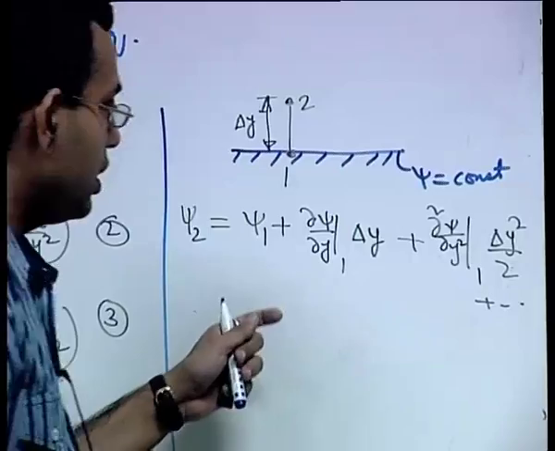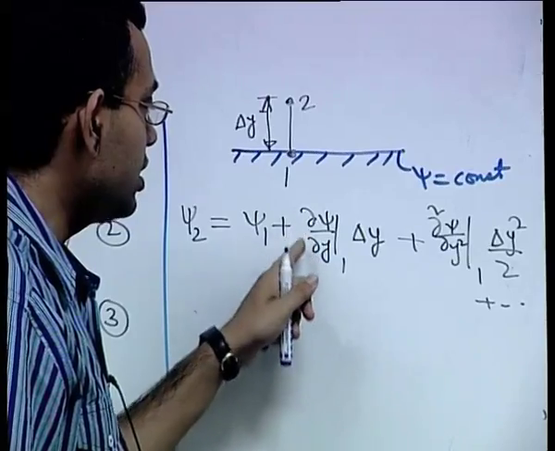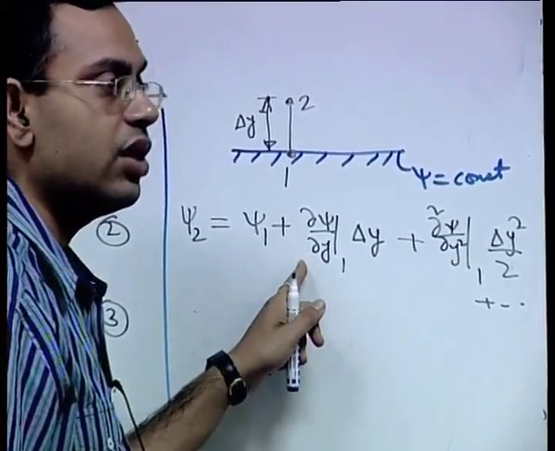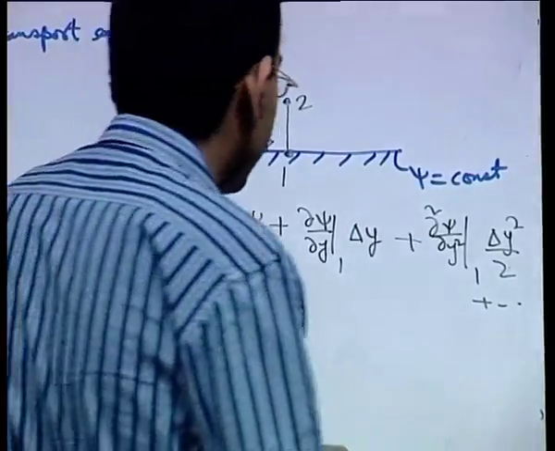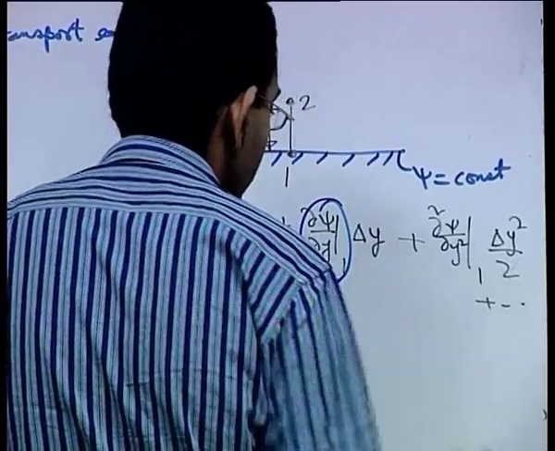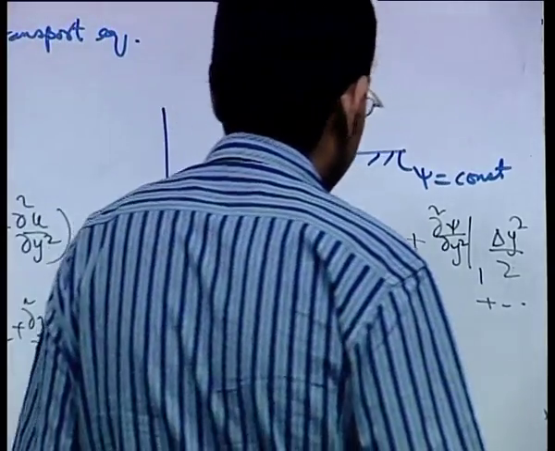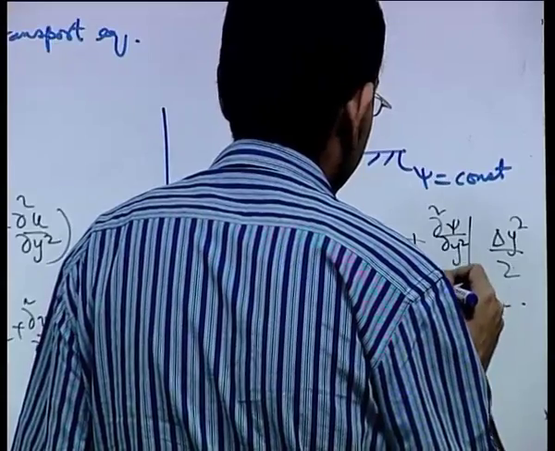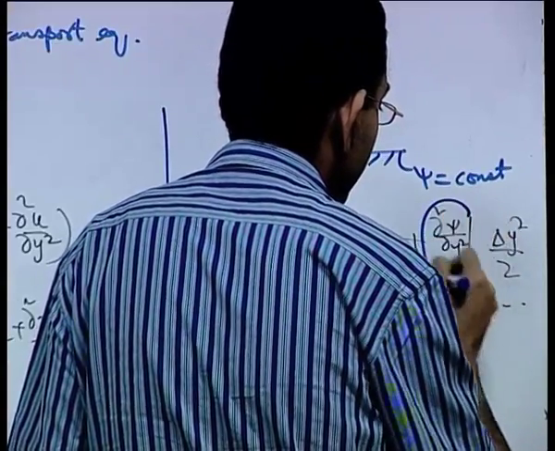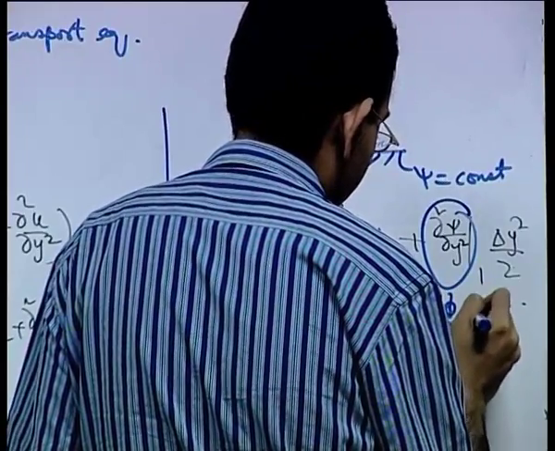Now it is possible to write the stream function derivatives in terms of the velocity. So you can write this as u at 1, and this is del u del y at 1.